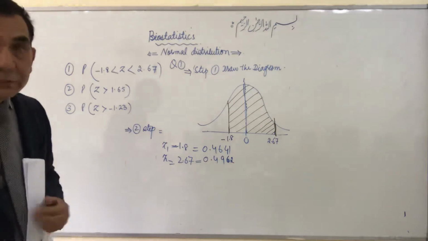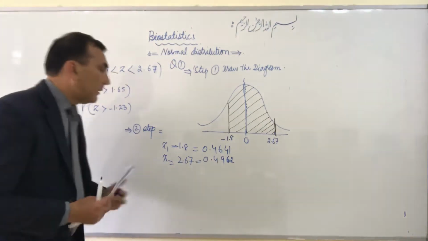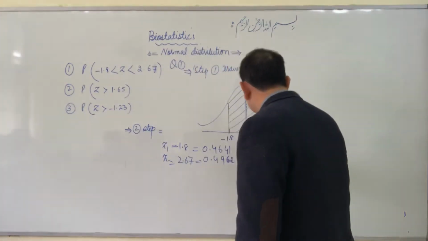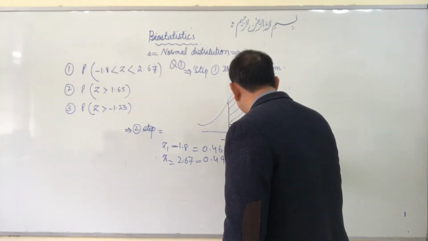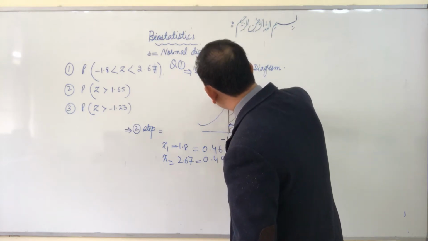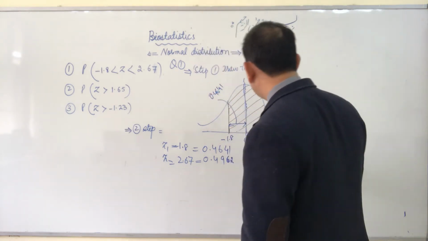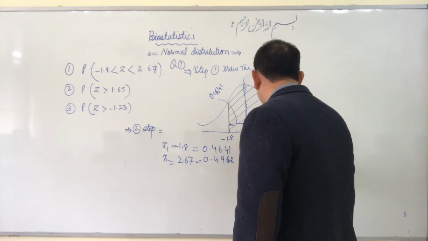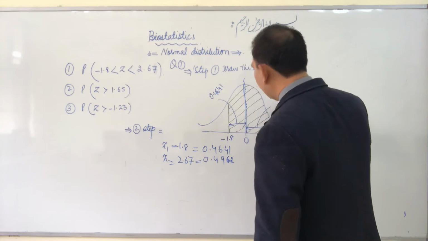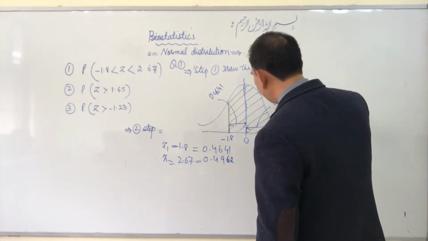Now what we will do next, definitely when I said from here to here, this area is 0.4641, and from here to here, this area is 0.4962.